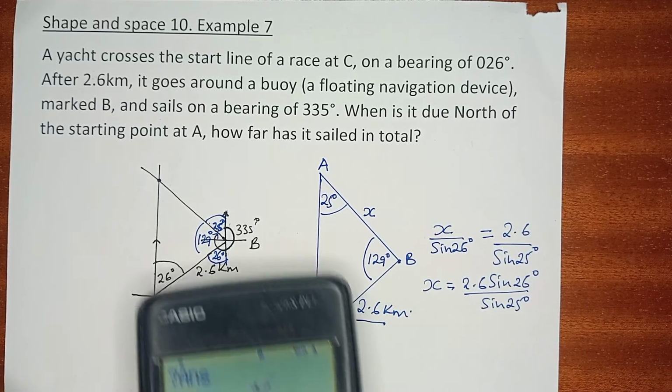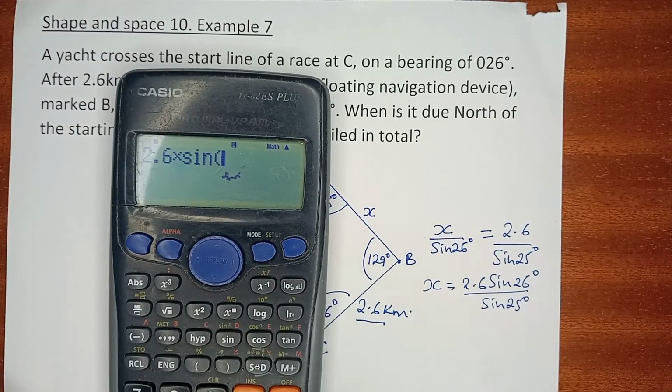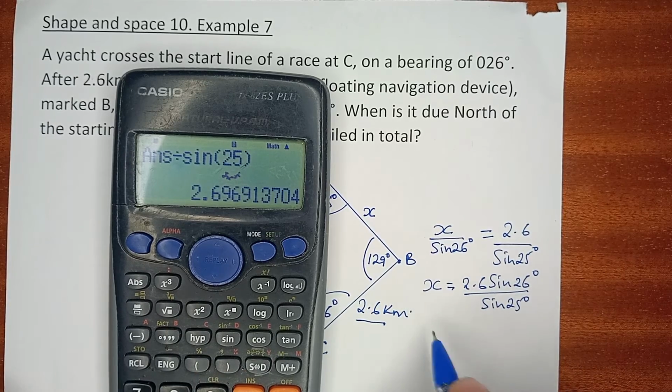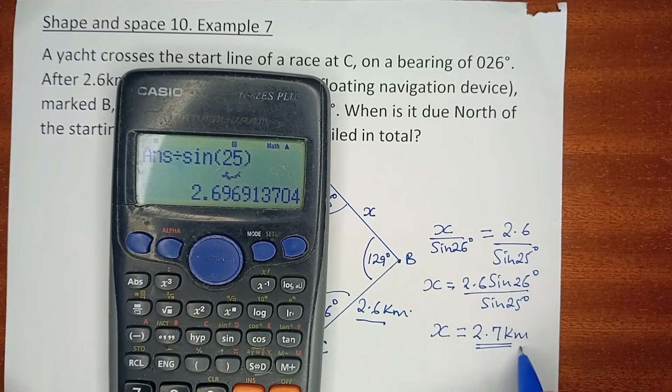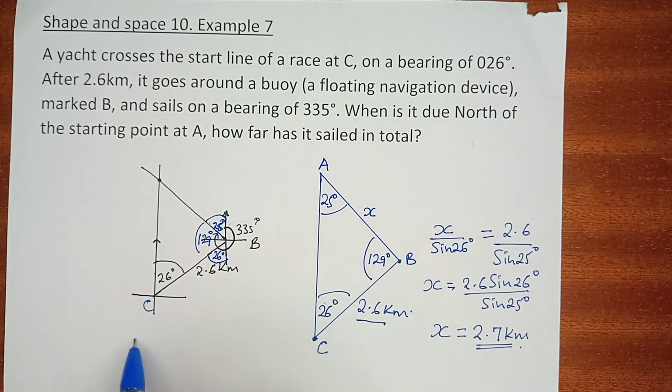Let us see what that is: 2.6 times the sine of 26 degrees, over the sine of 25 degrees. We can see that X is 2.7 kilometers.